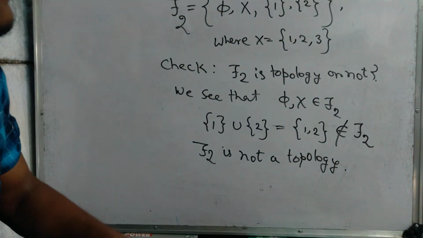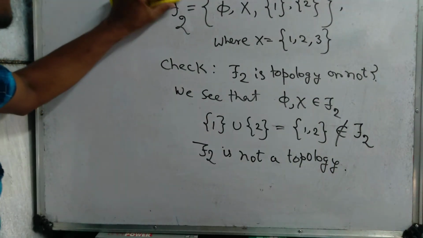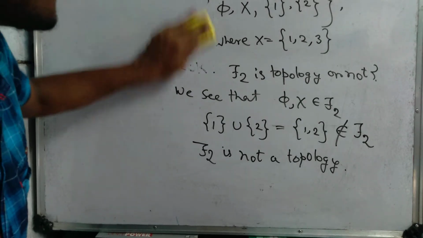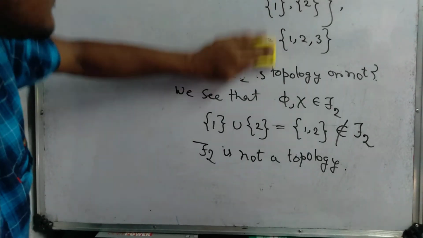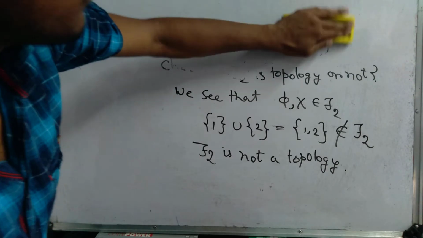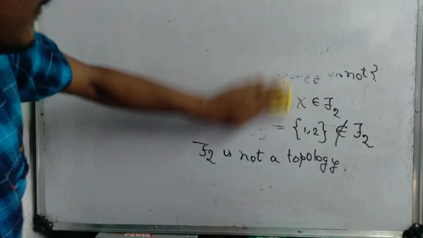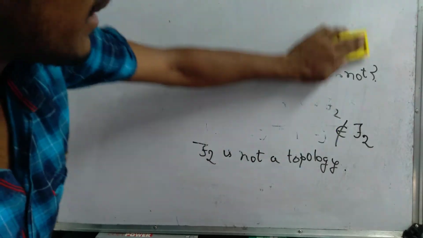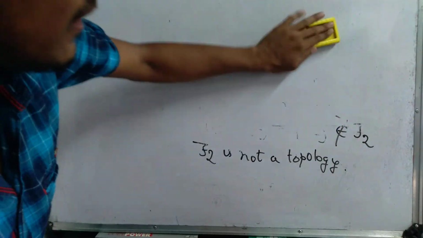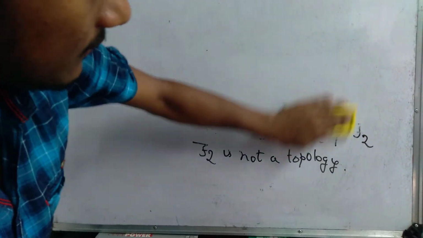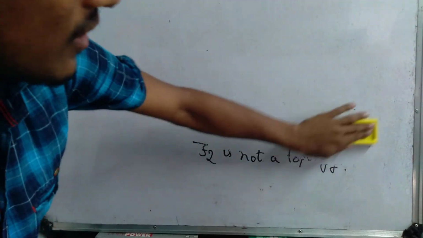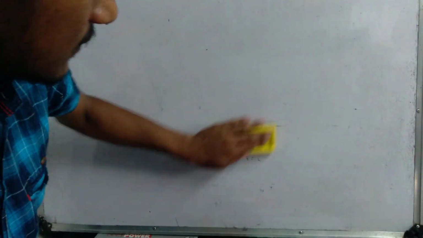Now let us construct some further examples to understand topology. Which example do we start with? We start with a 3-element set, and then we construct some topologies from these 3 elements.